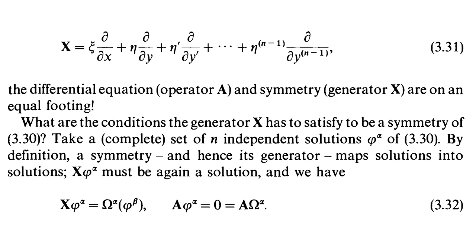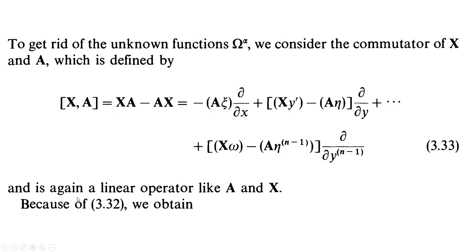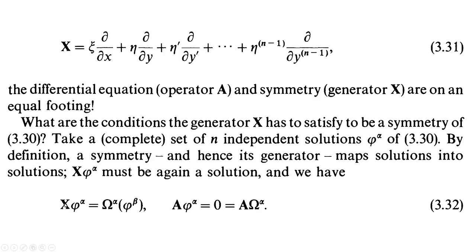What does the symmetry generator do with the solution? It maps a solution to the solution set. Omega is the space of solutions and phi is a solution.